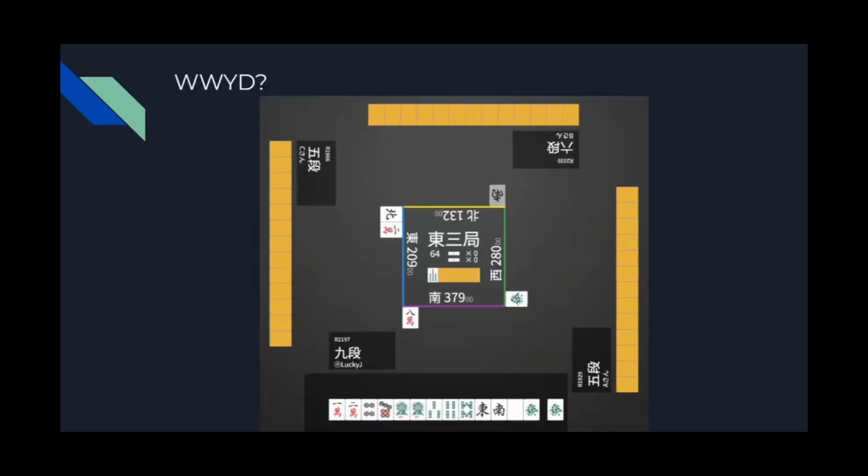All right, the next one here. This is a very early turn discard, just turn 2. And what direction do you think we should go with?